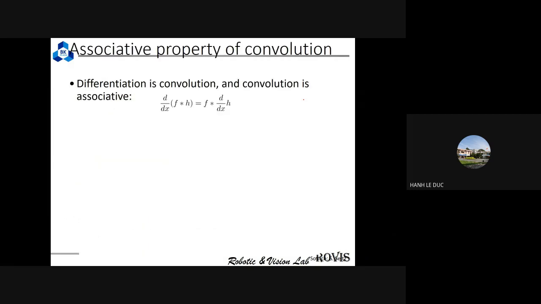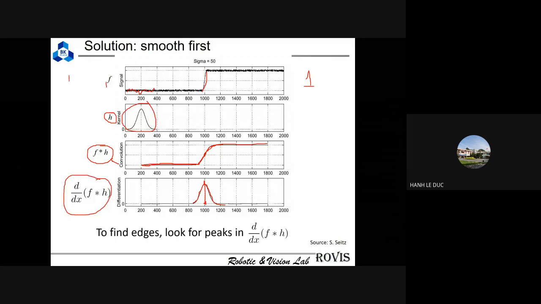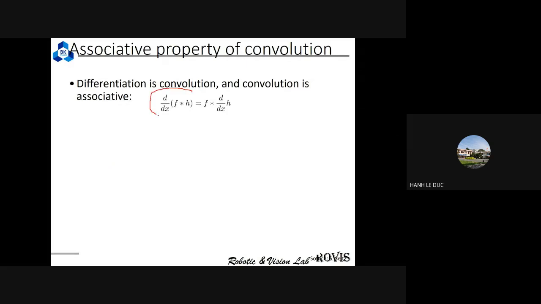We have some remarks here. From the mathematics, this equation equals this equation. For example, the Gaussian kernel is 3 by 3 or 5 by 5, which is very small, and taking the derivative of such a small kernel is very fast.